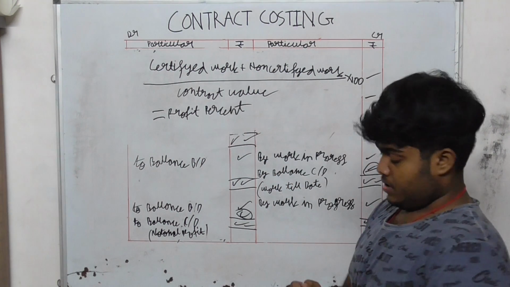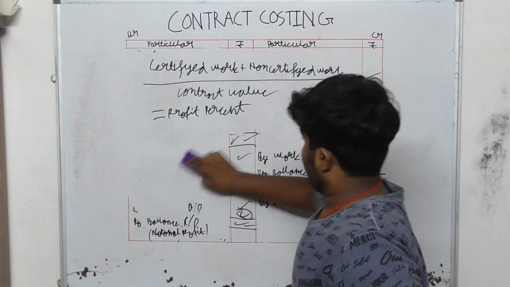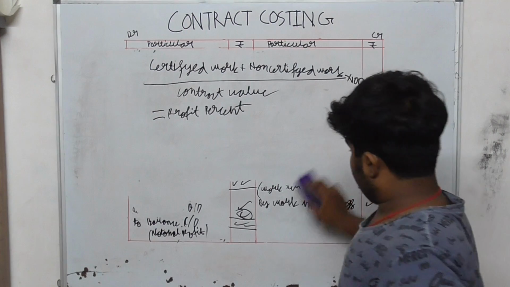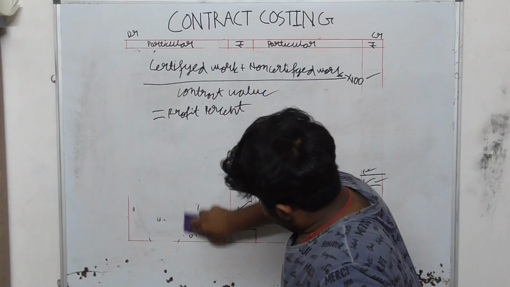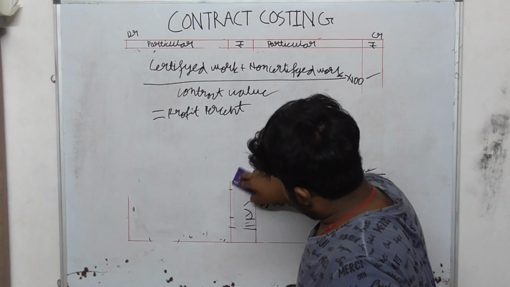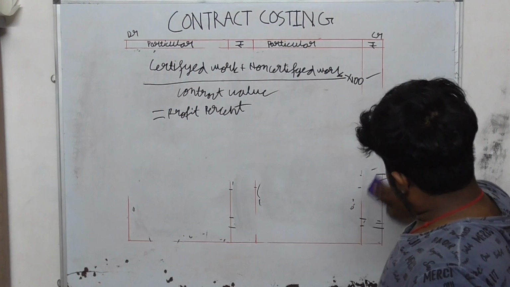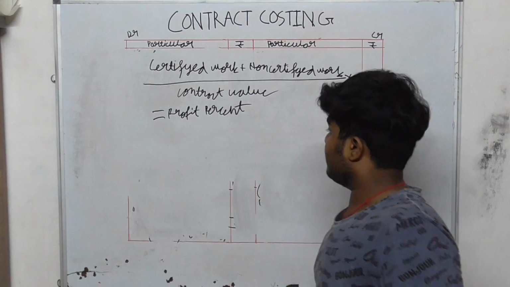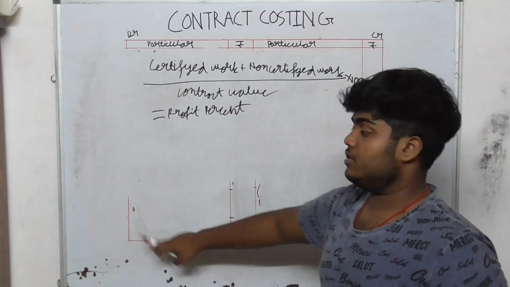Okay, after you calculate the profit percent, you have to do another point in this. Okay, so this will be this. After that, the balance is here, to balance sheet.